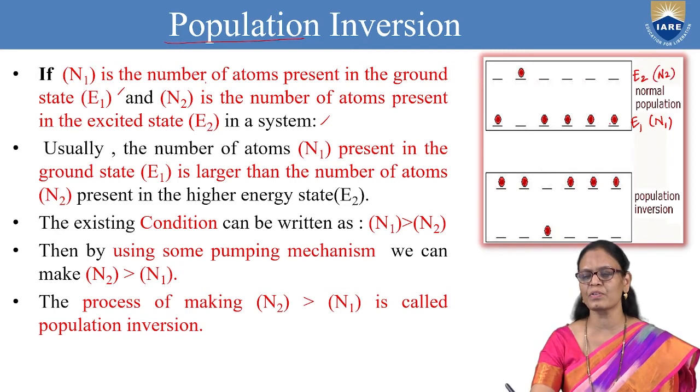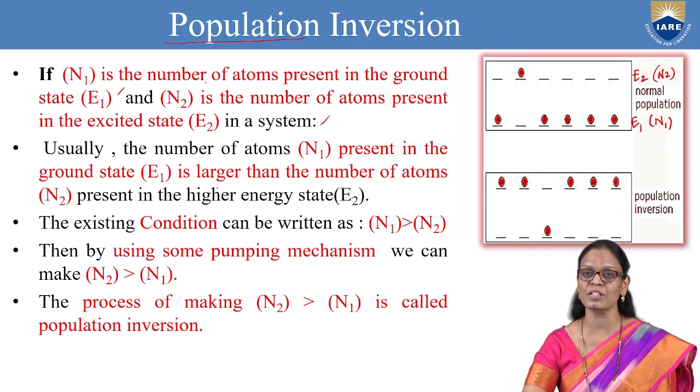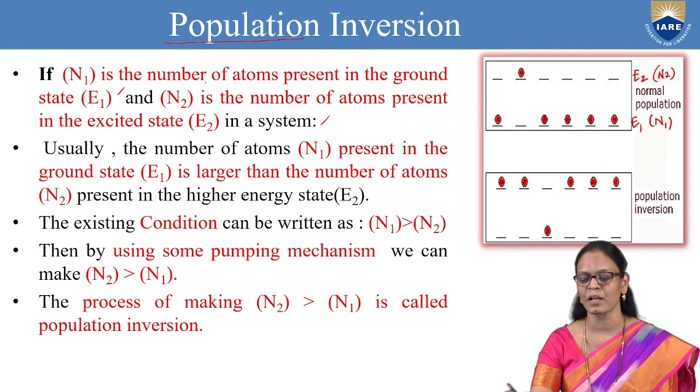Usually, the number of atoms N1 in the ground state is larger than the number of atoms N2 in the excited state. You can see from the figure that only one atom is seen in the excited state, which is very less compared to the number of atoms in the ground state.